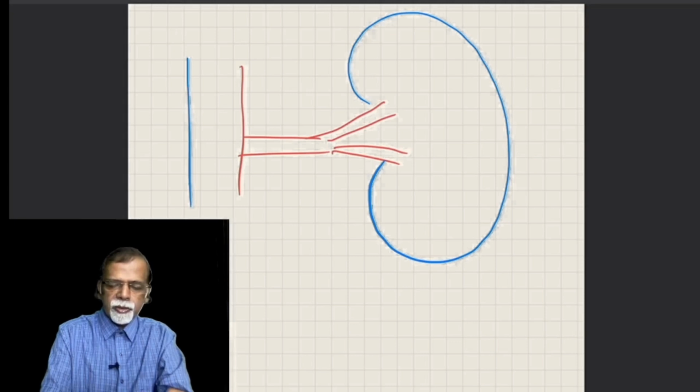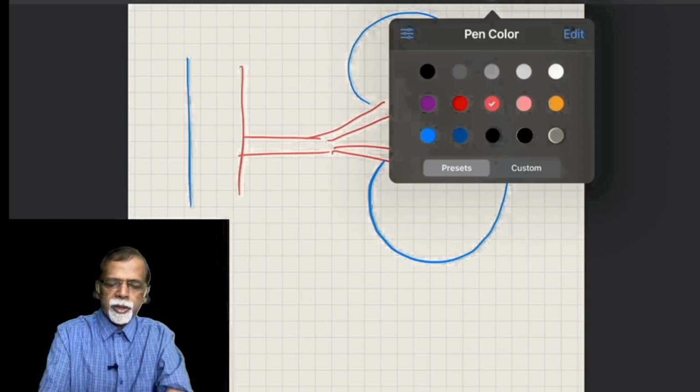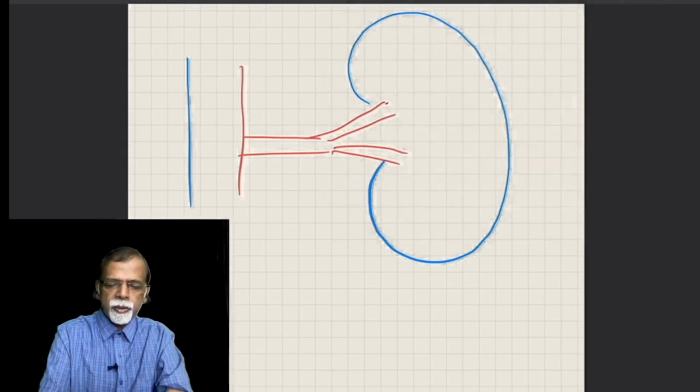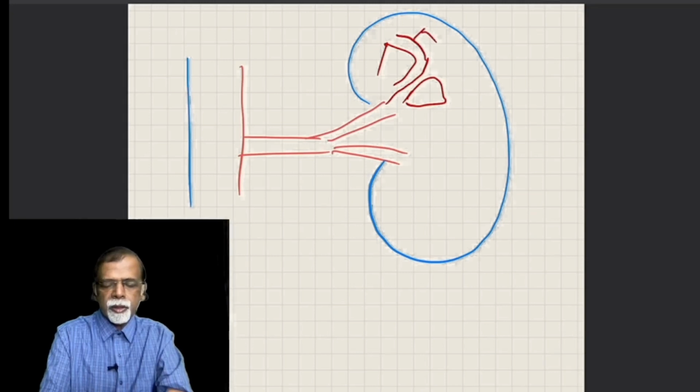The part of the pelvis with the vessels is called the renal sinus. It divides into segmental vessels, passing between the medullary pyramids, then the arcuate artery and the cortical radial, which then form the interlobular arteries.